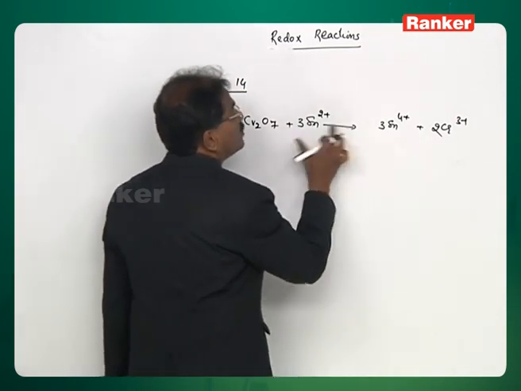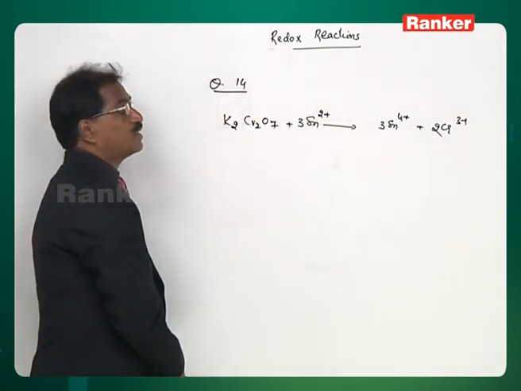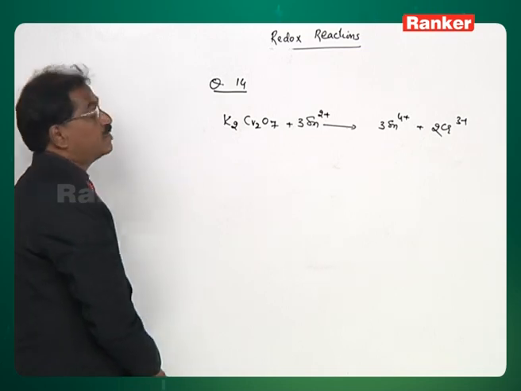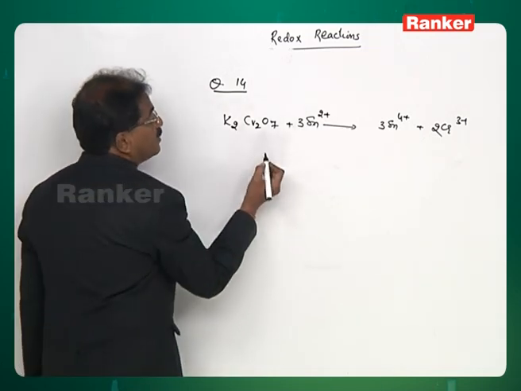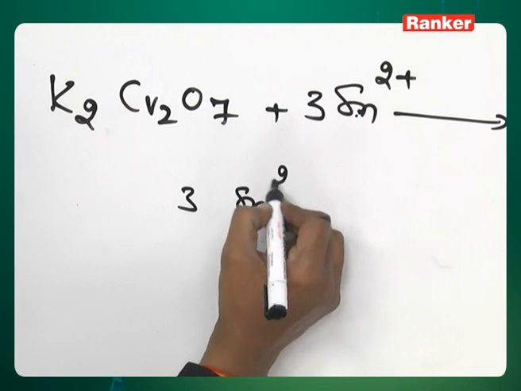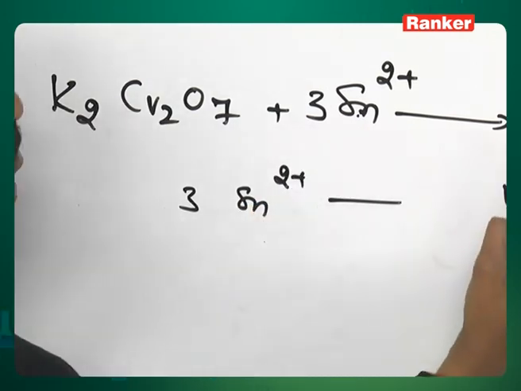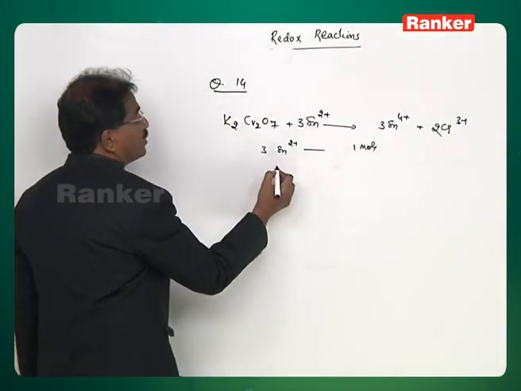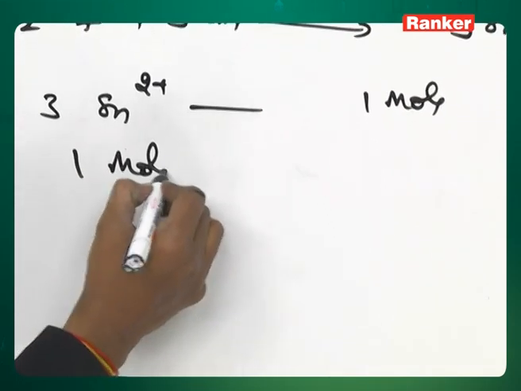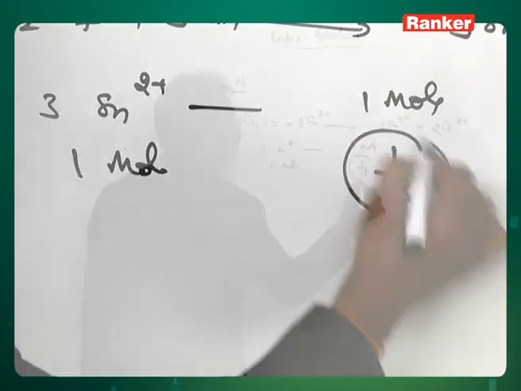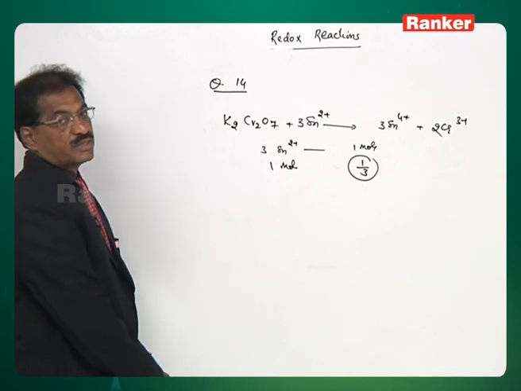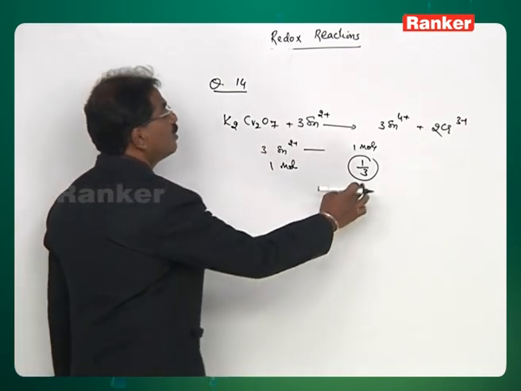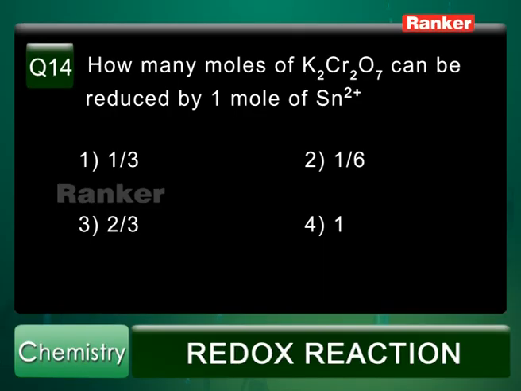So this is the balanced equation with respect to number of electrons exchanged. Now, in this reaction, 3 moles of Sn2+ is reducing 1 mole. Next, 1 mole can reduce how many? 1 by 3. Therefore, 1 mole of Sn2+ can reduce 1/3 of a mole of K2Cr2O7. Hence, answer is 1.